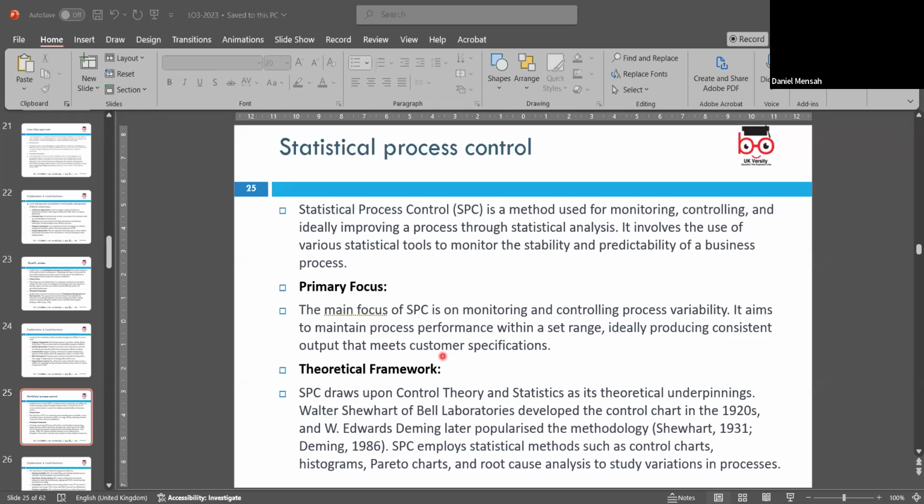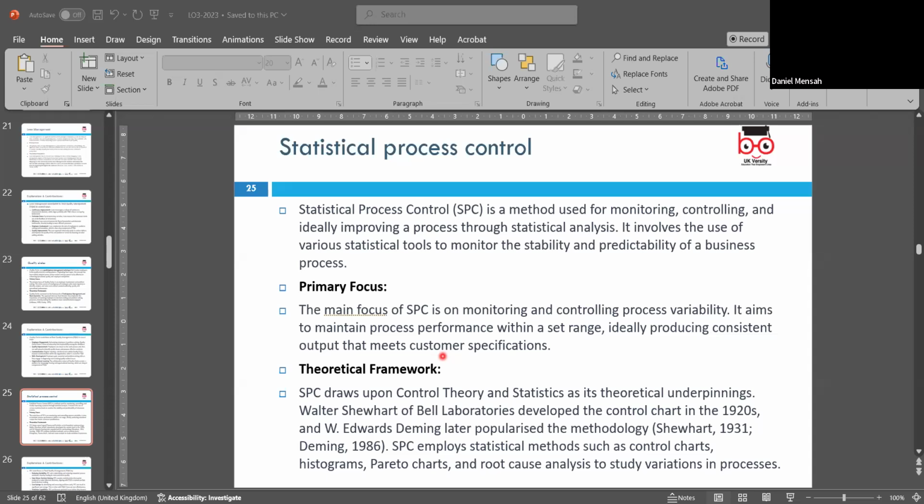It uses data and charts, but mainly it focuses on monitoring and controlling process variability or variations to ensure consistent high quality output, which meets customer requirements. So it monitors if any inconsistency is happening in your production processes or any processes. If any variations are coming there, it means it is leading toward errors and problems in the final product. Okay. So it wants to bring stability to your processes.